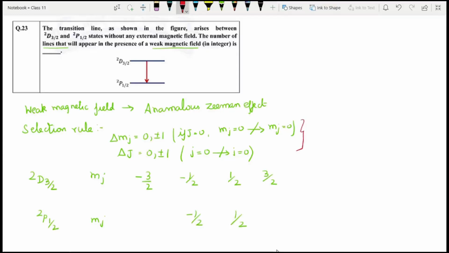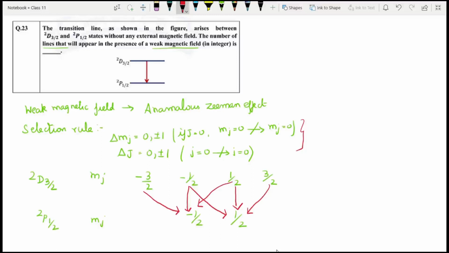Based on the selection rule, the possible transitions are from minus 1/2 to minus 1/2, minus 1/2 to plus 1/2, plus 1/2 to minus 1/2, 1/2 to plus 1/2, minus 3/2 to minus 1/2, and 3/2 to plus 1/2. Only these are the possible transitions based upon the selection rule.